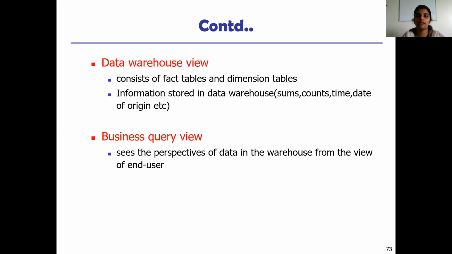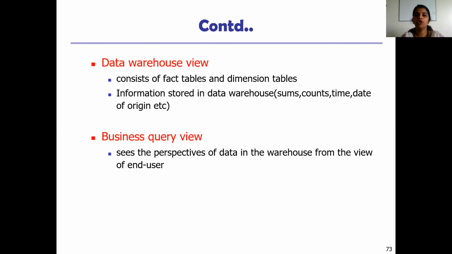Now coming to the next view, which is the data warehouse view. As you all know, a data warehouse is defined by dimensions and facts, right? It consists of fact tables and dimension tables. You all know what a dimension is. If you are having a particular warehouse, how do you define the record? That is dimension. If you are having a sales data warehouse, item, time, location, branch, all these can be dimensions, right? Now coming to fact.